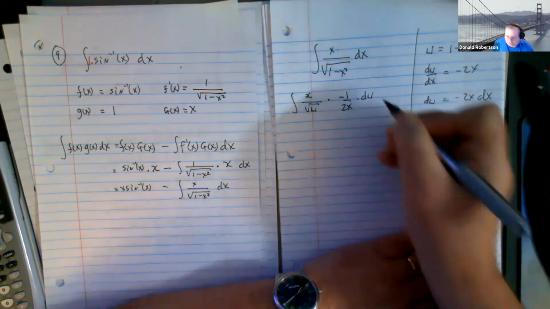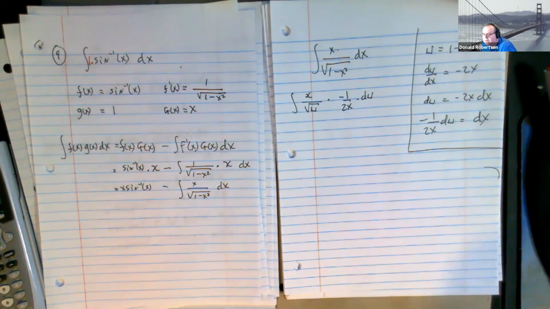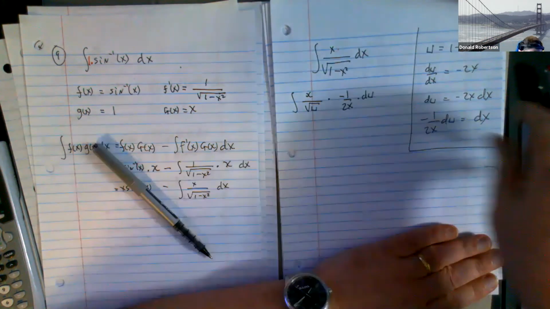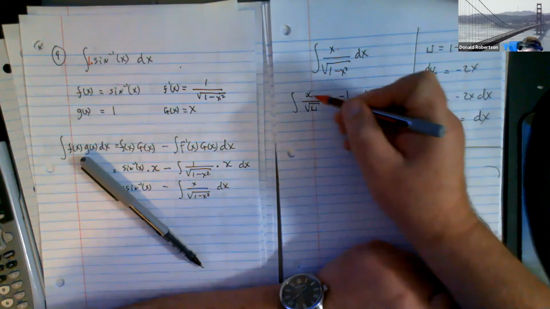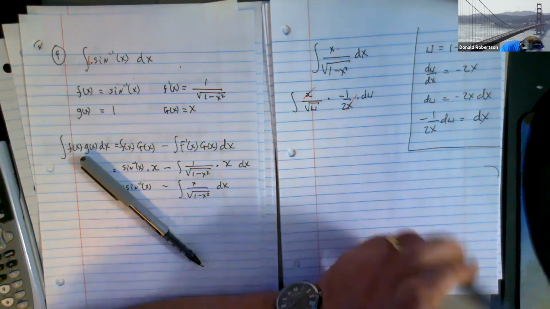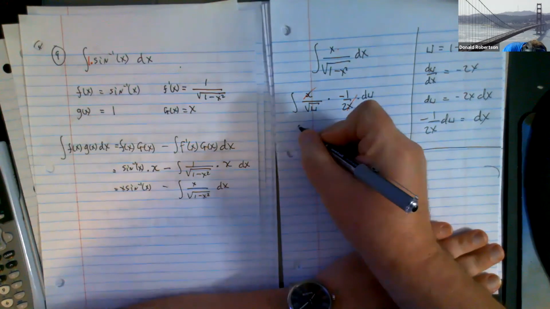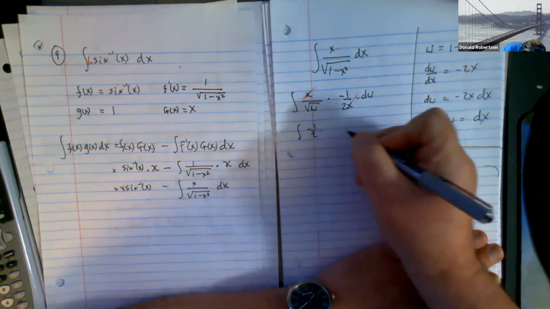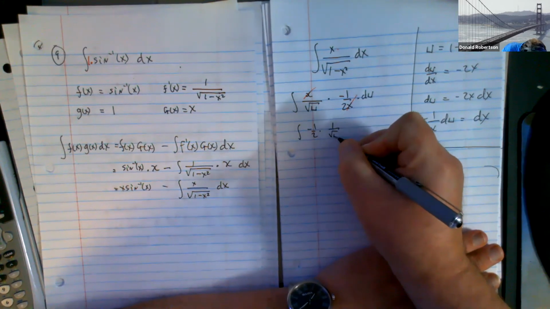Was there a test question where you had to integrate something like that? Kind of reminds me of a test question. No. Maybe it's just me. Well, you get some cancelling. And you are looking at negative 1/2. I like to separate them out. That guy.